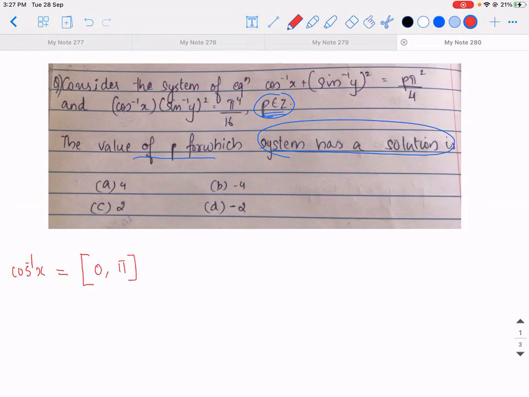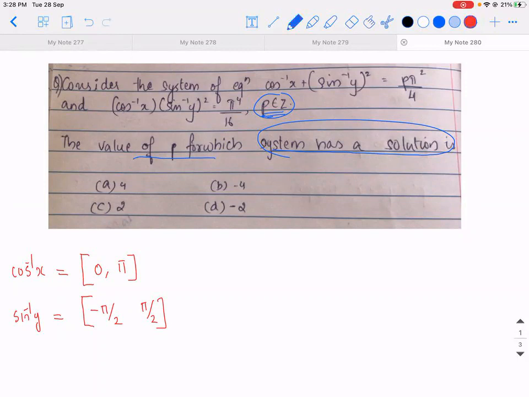And what about sine inverse of y? The principal value branch of sine inverse of y is between minus pi by 2 to plus pi by 2. So these are the two things we have to remember before proceeding with this question.